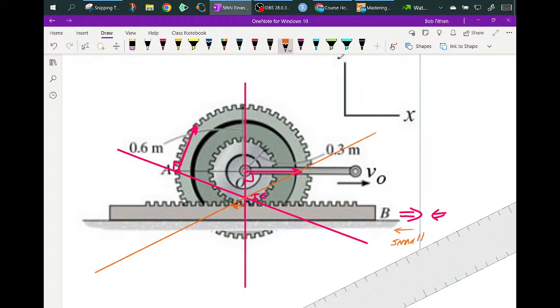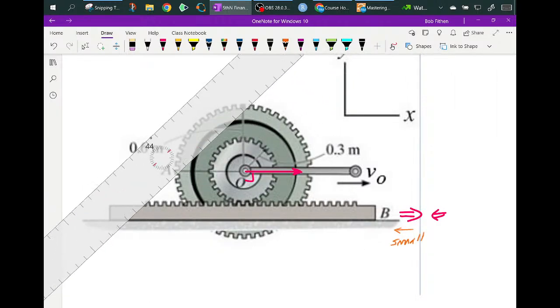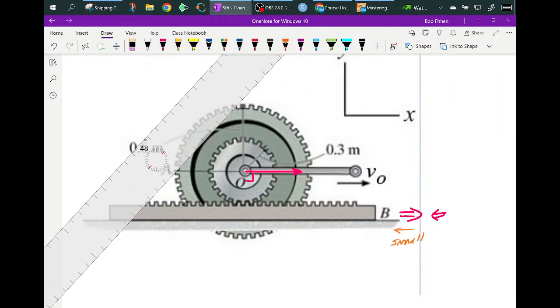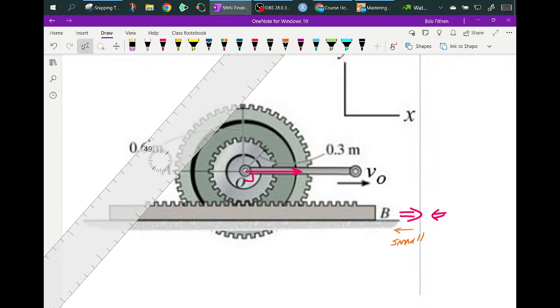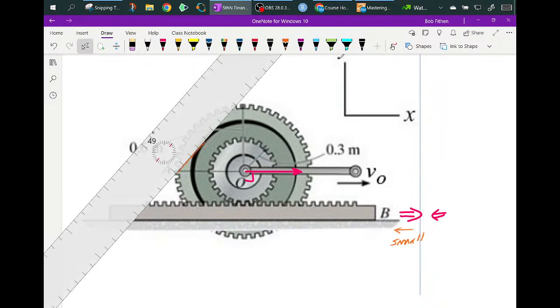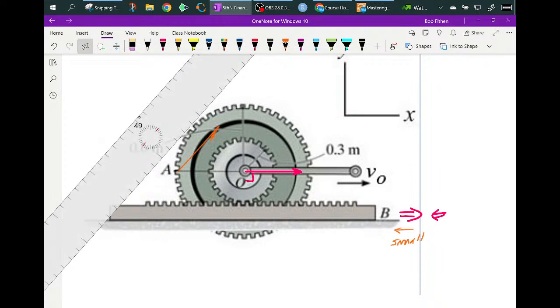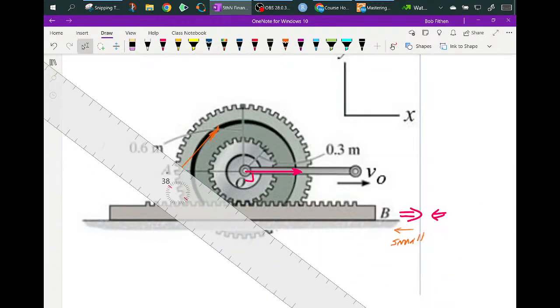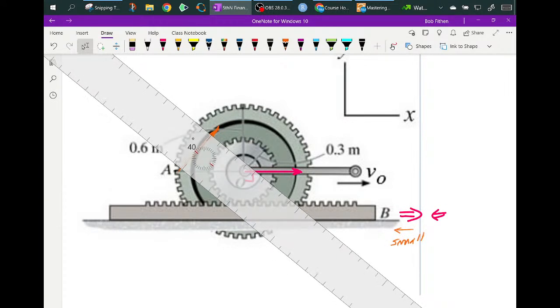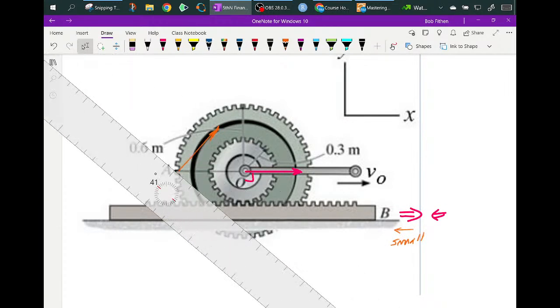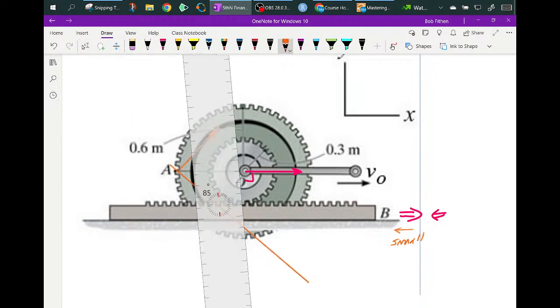If in fact, let's assume for a moment that the thing is tilting like so. Okay, let's assume it's going like so. Draw your perpendicular. There's kind of art here. There's your perpendicular. Here's your perpendicular here.